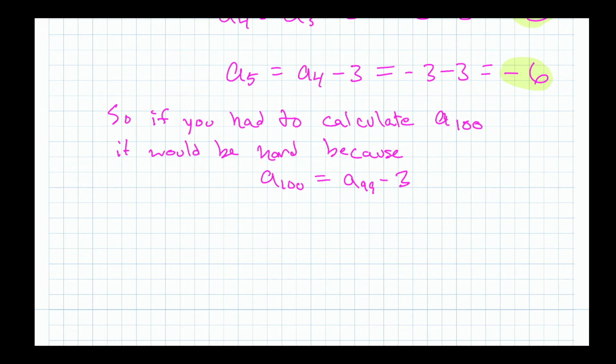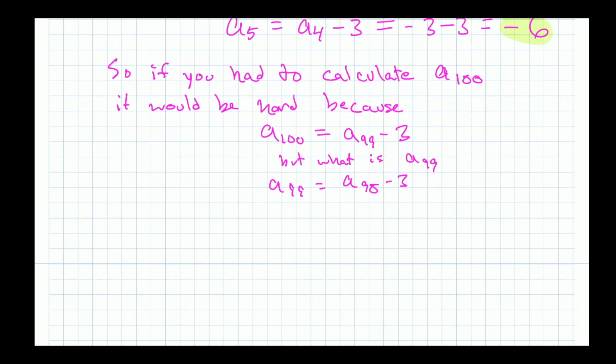But you don't know A99. Right? A99 is A98 minus 3. And so on, right? So the point is if you wanted to calculate A100, you actually have to start at 1 and count every single one from 1 to 100.